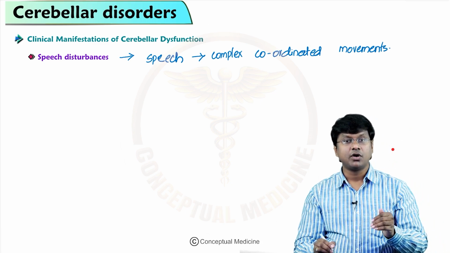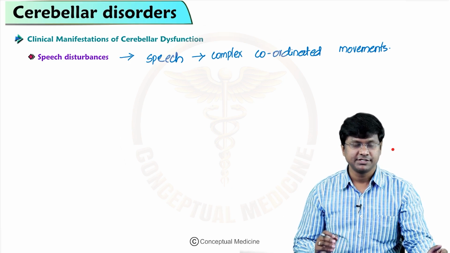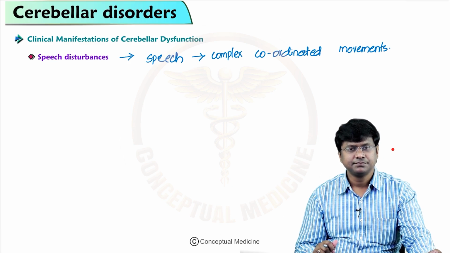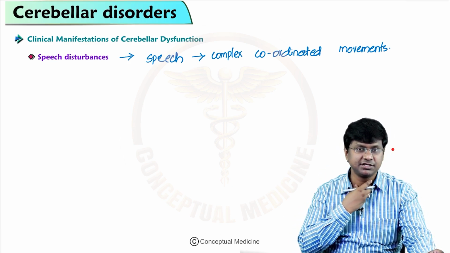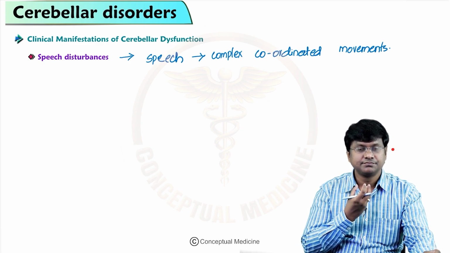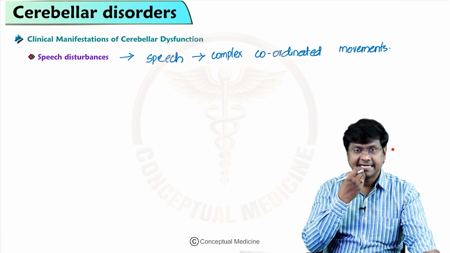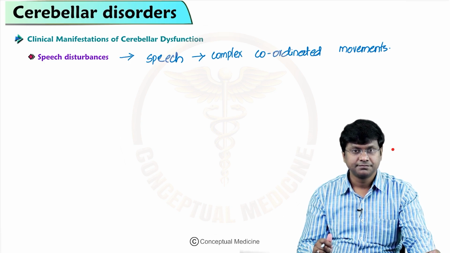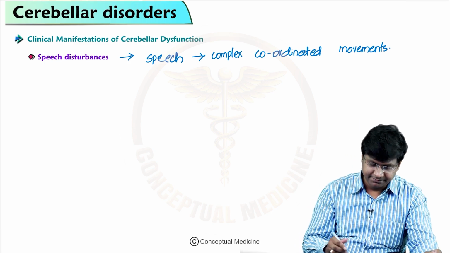The speech of the individual is through complex coordinated movements. First, the speech centers have to send the information to the laryngeal muscles, where the muscles will generate the voice, and the sound has to reach the mouth, and the tongue has to articulate depending upon what we want to say. And this requires the coordination of the cerebellum.